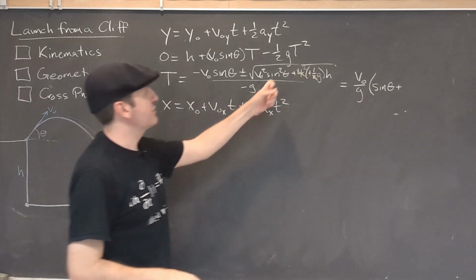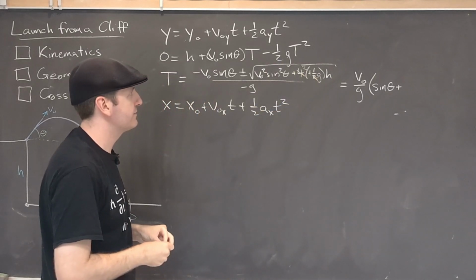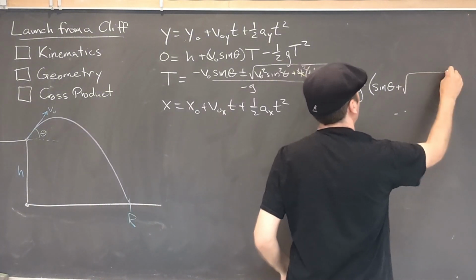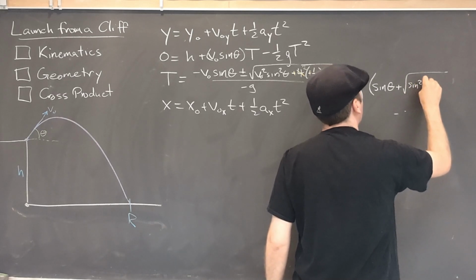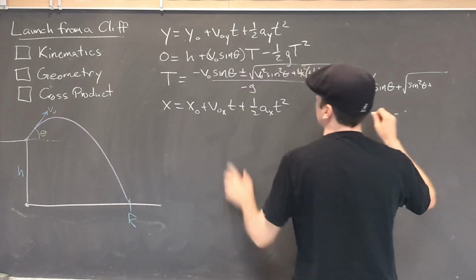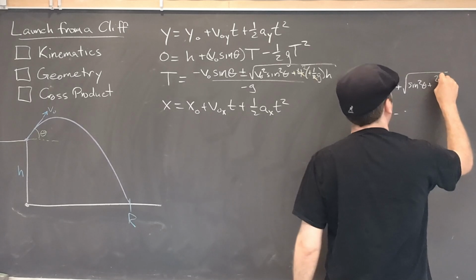When I pull this out, I'll have a 2gh over v naught squared. Okay, let's write that. So we'll have a sine squared plus 2gh over v naught squared, because I'm imagining pulling out a v naught from all of these.